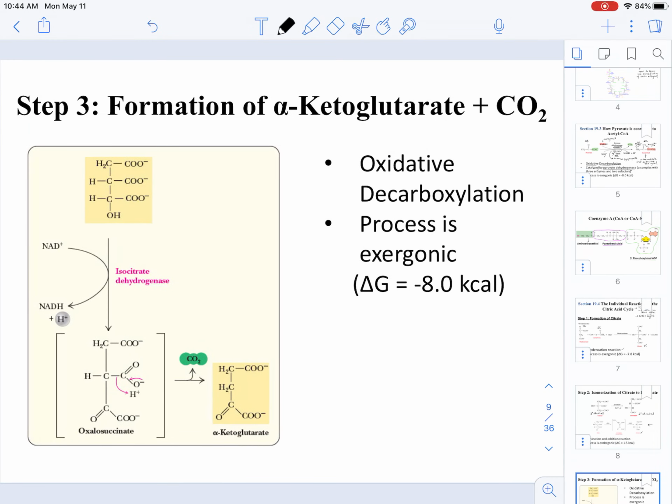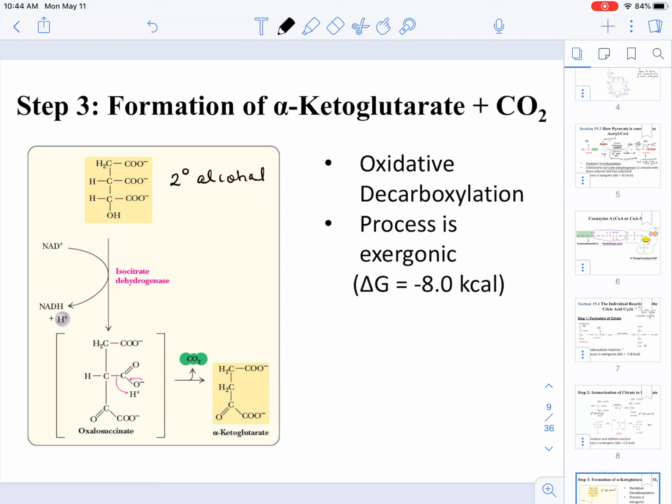So step 3 is the formation of alpha-ketoglutarate, okay? And when it comes to alpha-ketoglutarate, understand that we are going from isocitrate, okay, which is a secondary alcohol.